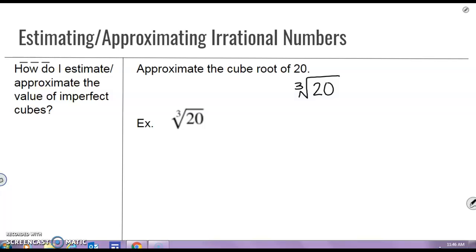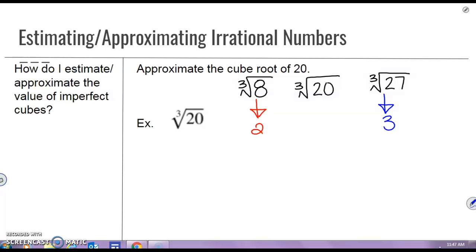Our higher perfect cube is going to be the cube root of 27. Our lower perfect cube is the cube root of 8. The cube root of 8 is 2. The cube root of 27 is 3. So the approximate cube root of 20 will be between 2 and 3 on a number line.